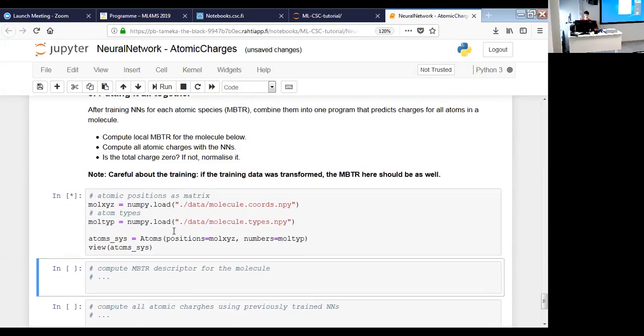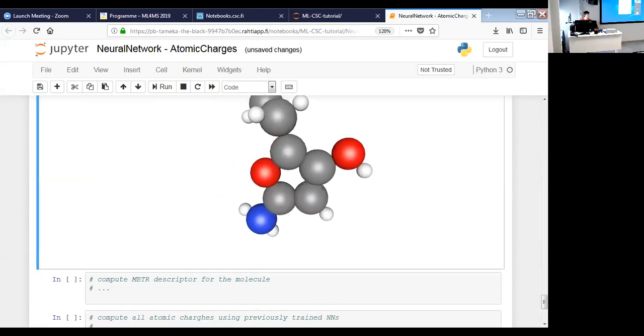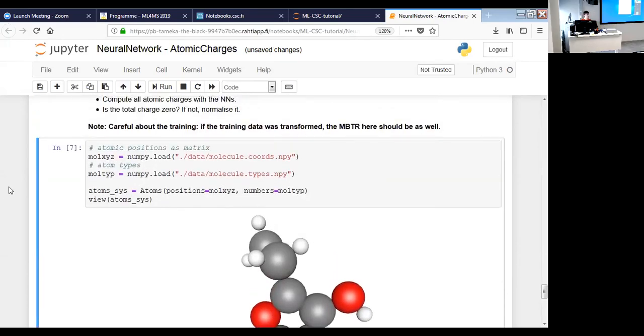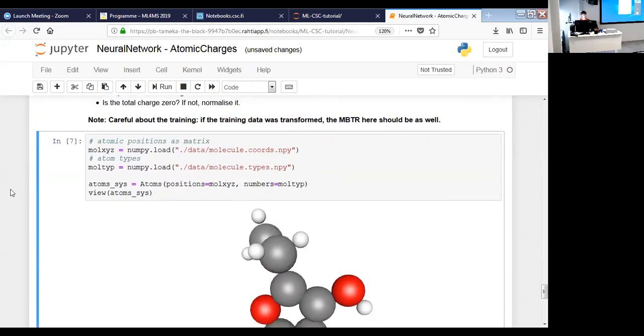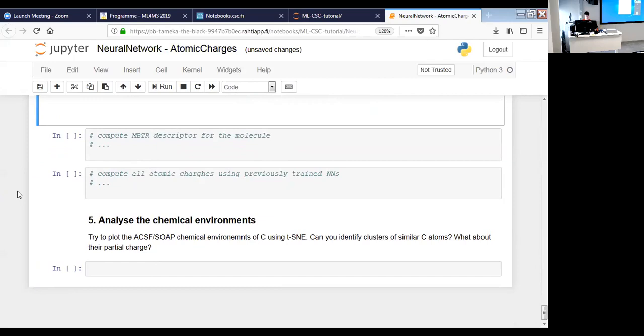This loads a molecule, which again is this one. You can try to now calculate the descriptor of this one, feed it to the neural network, and make a prediction for these atoms. Or you can try to analyze the chemical environments from the descriptor instead of from the drawing of the molecule.